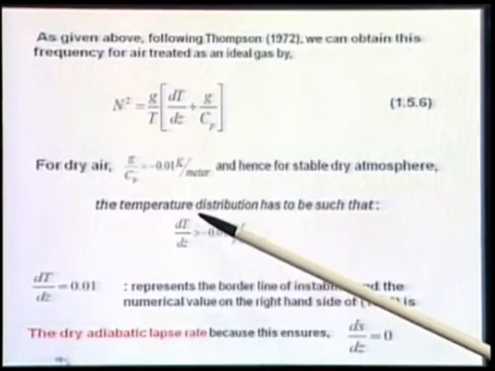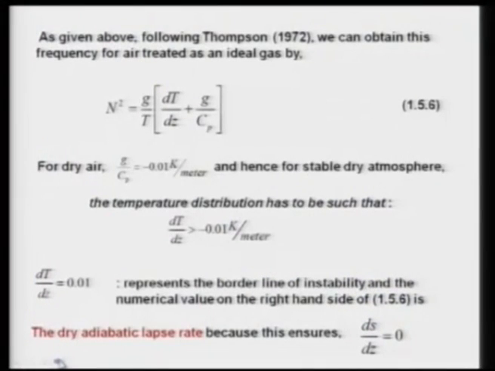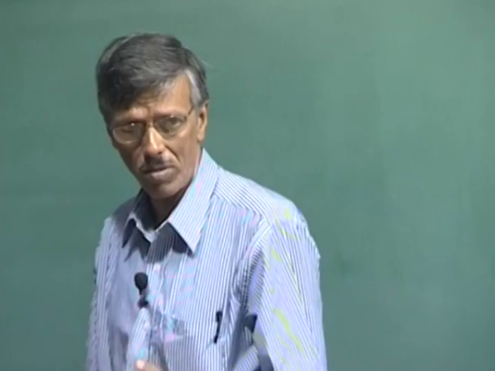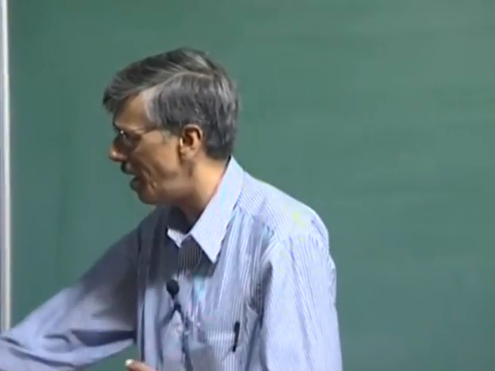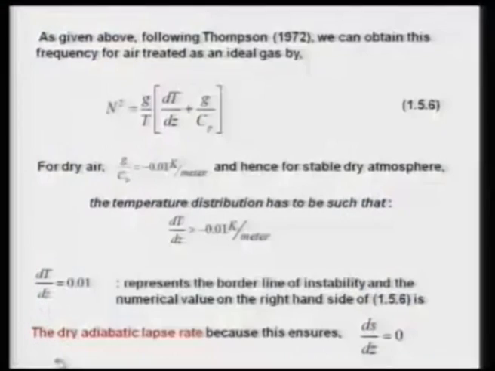That would require that dT/dz should be greater than G by Cp, right. So, dT/dz equal to minus 0.01 basically represents the borderline. If dT/dz is less than this, then of course you will have instability. If it is greater than this limiting value, then we will have stability.